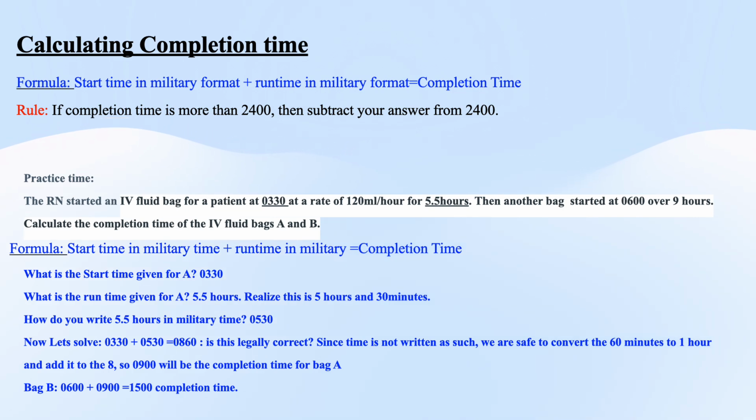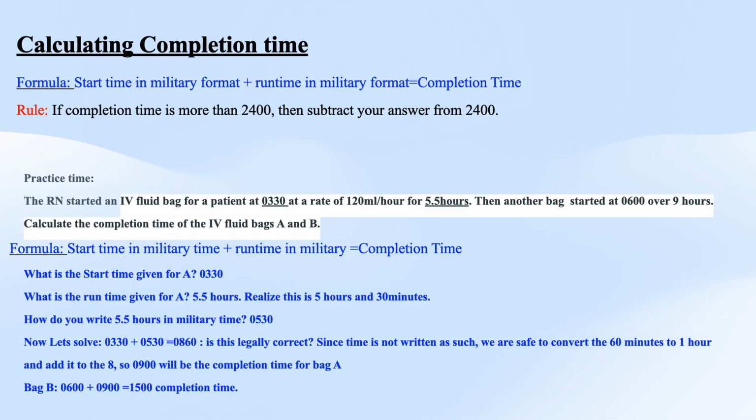So when you run into situations like that, it's okay. Change the 60 into a whole hour and add it to the remaining hours. So in this case, 0860 becomes 0900. Okay? So it means if the infusion started at 0330, by 0900, it will finish infusing.